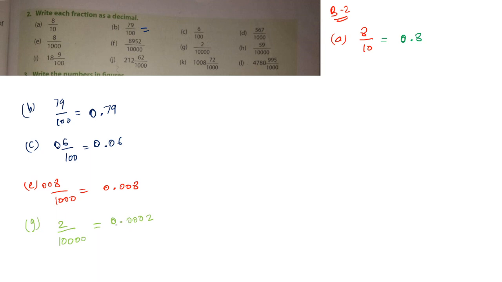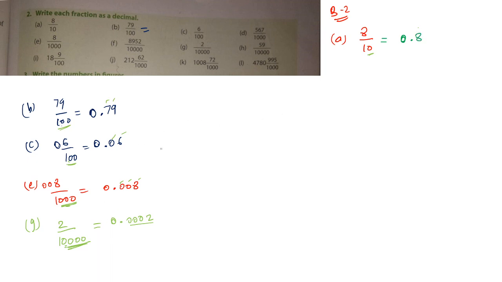Because 4 zeros are there in the denominator, after the decimal 4 numbers should be there. Here there are 3 zeros, so after the decimal 3 numbers. Here are 2 zeros, so after the decimal 2 numbers. Here is only 1 zero, so after the decimal only one number. In this way you are going to do this.